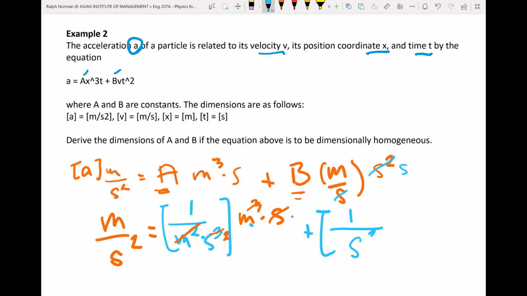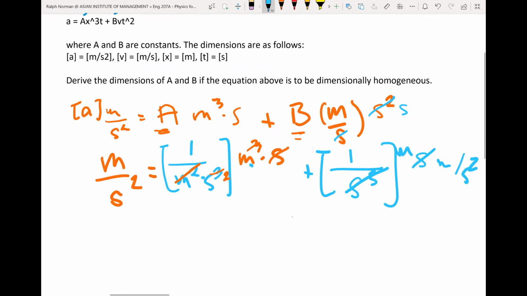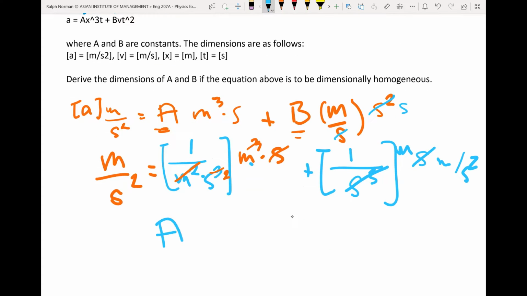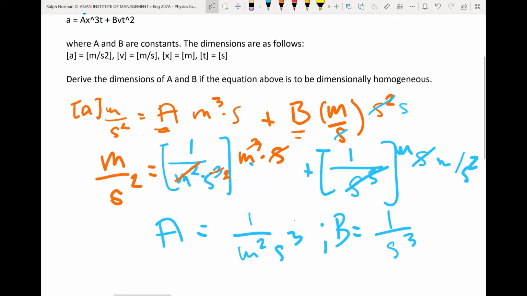So just add s cubed. And magiging meters per second squared lang siya. There you go. Ang final answer here is that the dimensions of A is 1 over meter squared s cubed. B here is just 1 over s cubed. Okay? Easy enough?